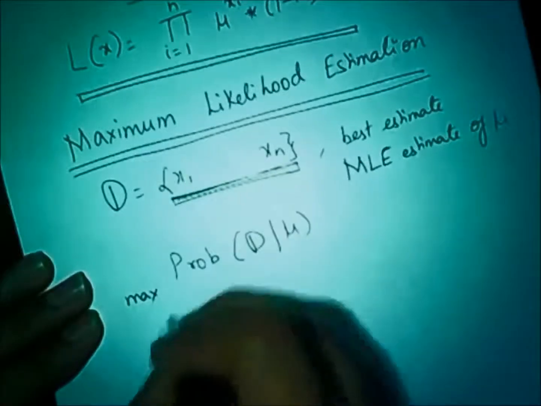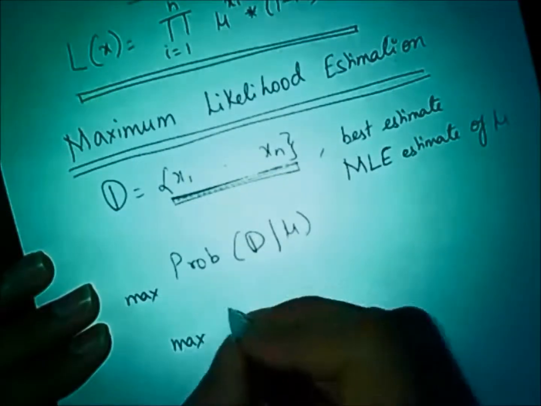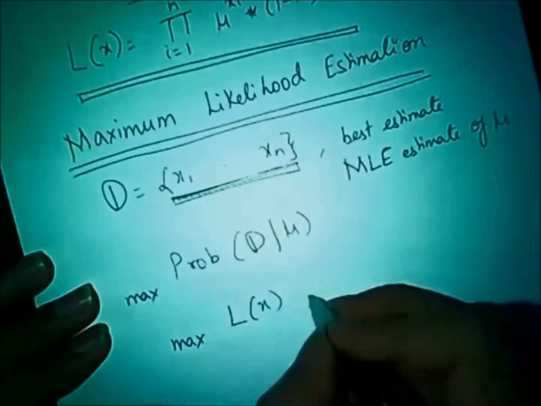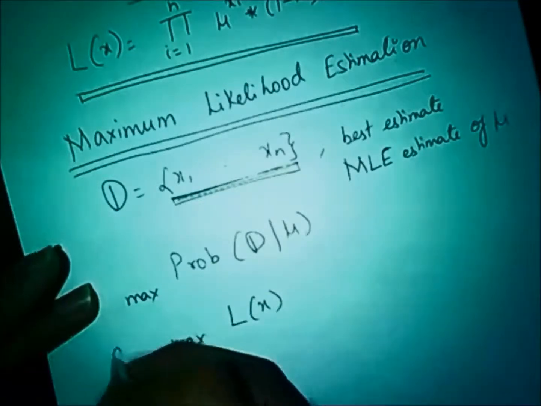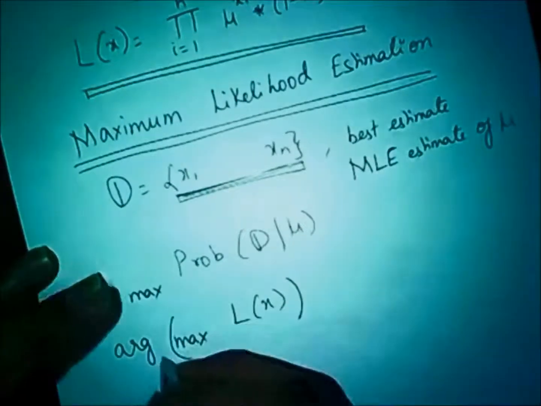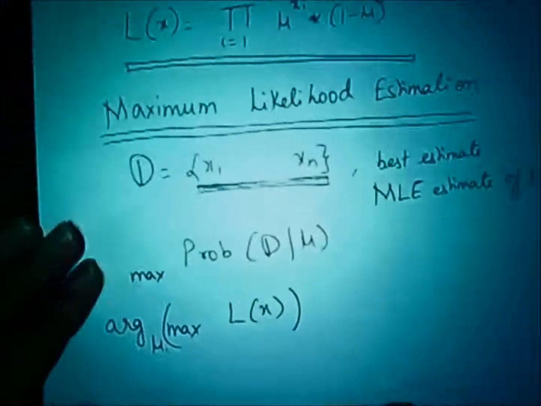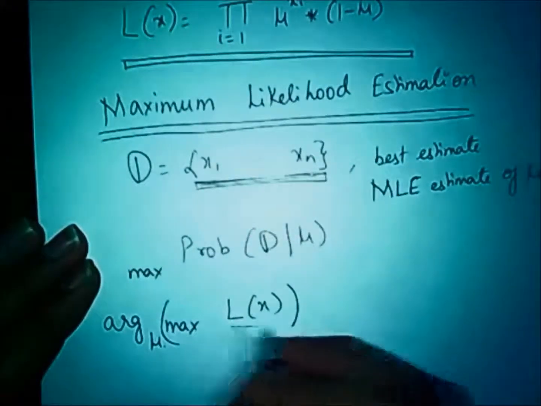So we are going to maximize L of X, and we are going to choose the value of mu that would result in maximum likelihood.